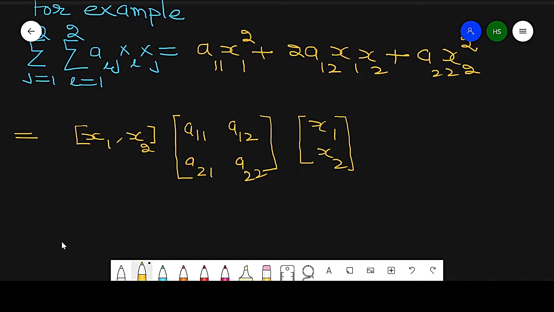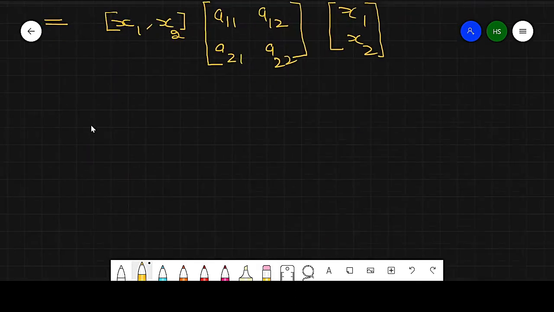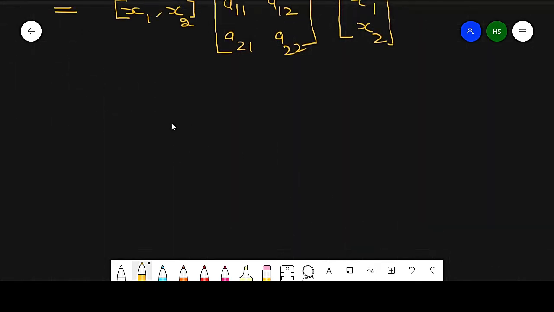Similarly, in case of 3 variable, just to take another example.